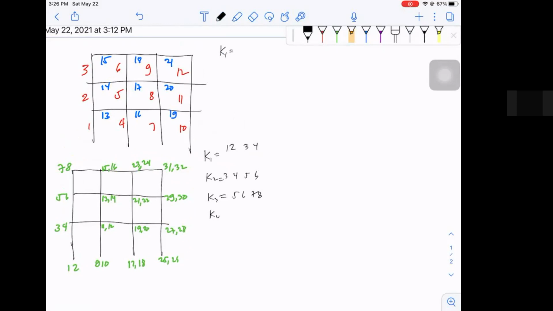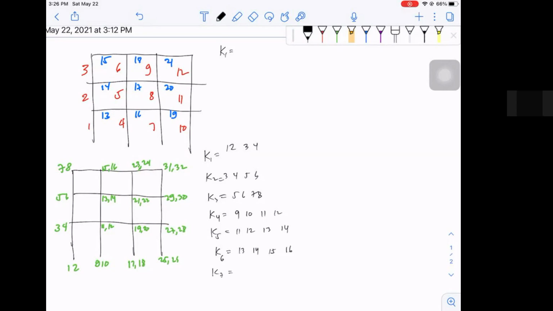For K4, 9, 10, 11, 12. K5, 11, 12, 13, 14. K6, 13, 14, 15, 16.